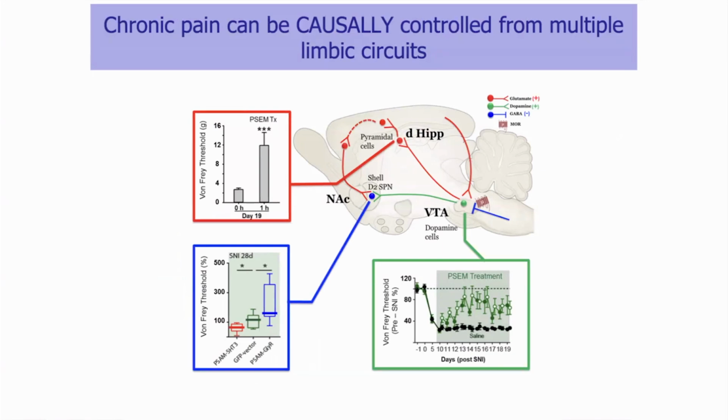These systems are highly integrated with each other, and their interaction, of course, is specifically important and pharmacologically unique, but we don't know the details of these things. Yet, chronic pain behavior can be manipulated through multiple nodes within the limbic system, just like chronic pain is perceived everywhere in the brain at the same time as well.